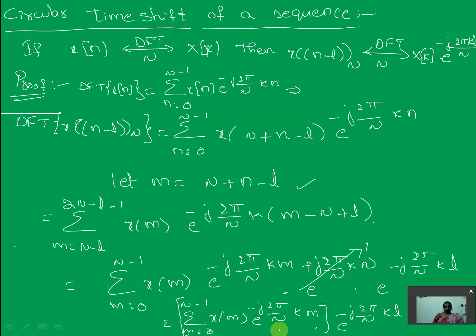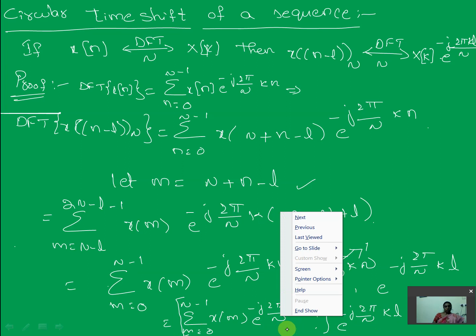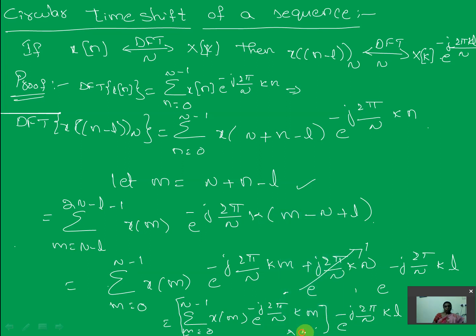Now what is this? This is nothing but x of k. Am I correct? X of k, multiplied by this factor.